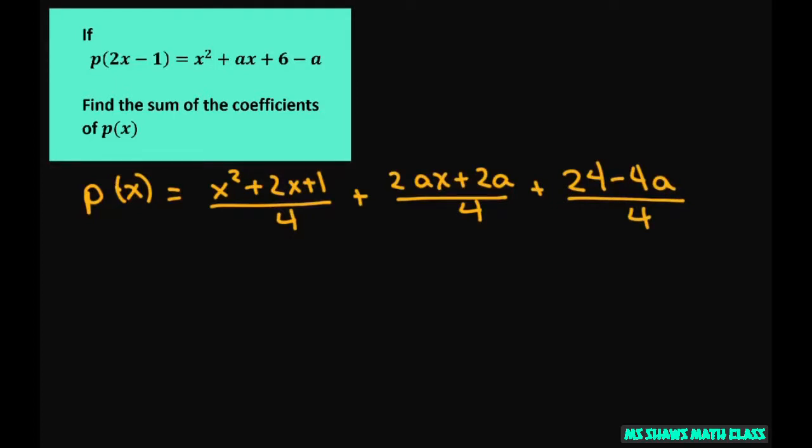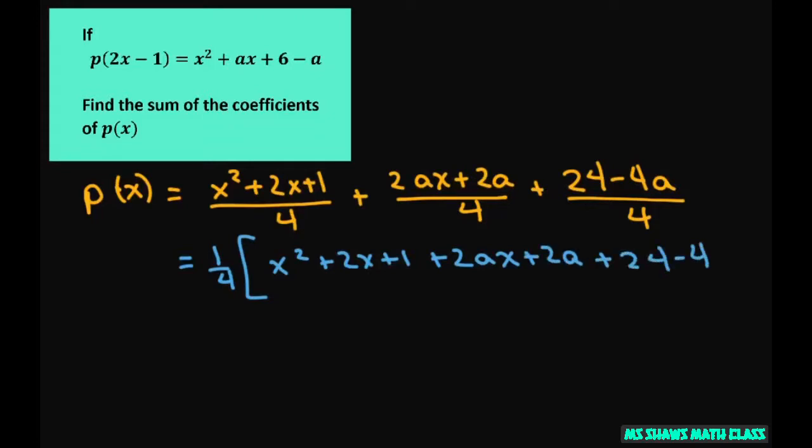To simplify this further, now that we're dividing by 4, that's the same as multiplying by 1/4. So I'm just going to multiply everything through by 1/4. And we get x squared plus 2x plus 1 plus 2ax plus 2a plus 24 minus 4a.